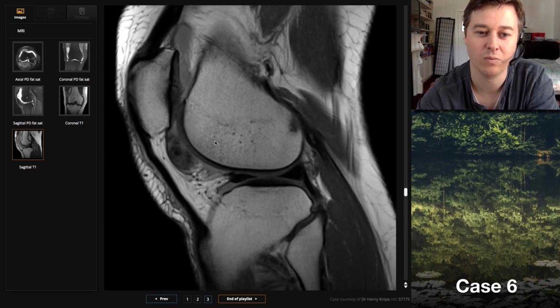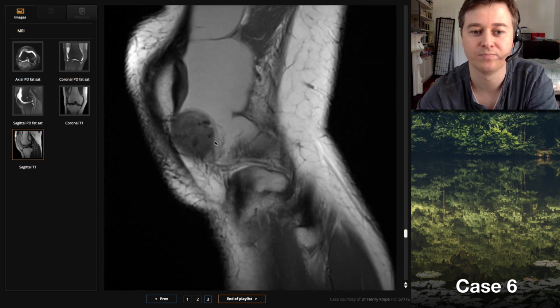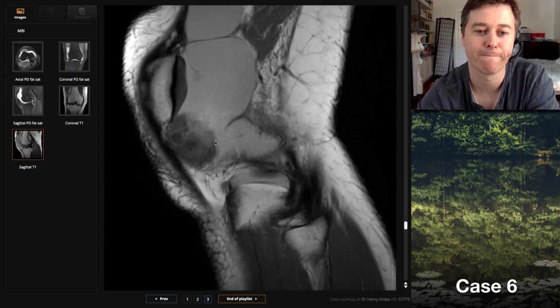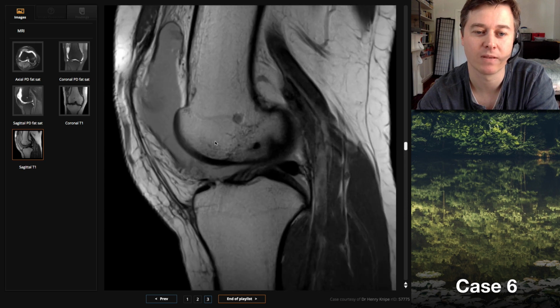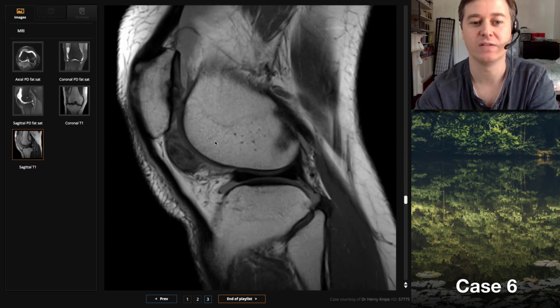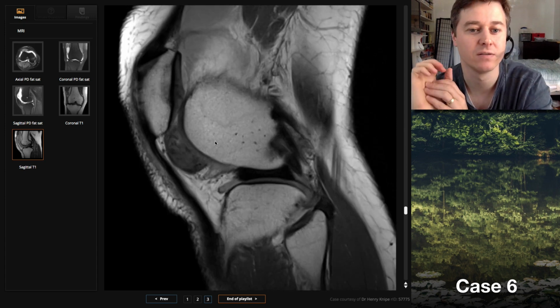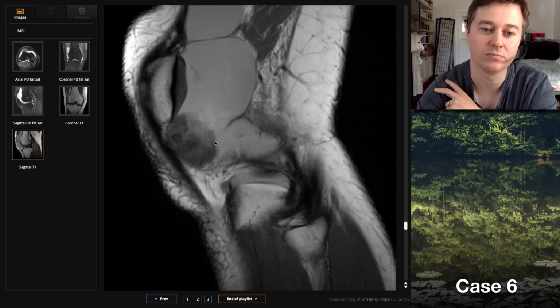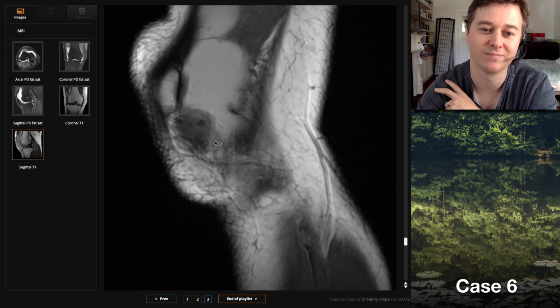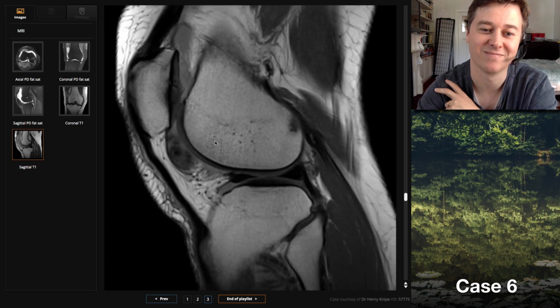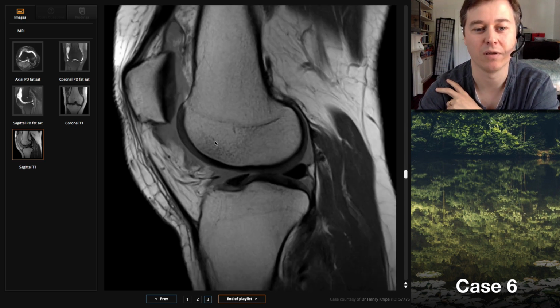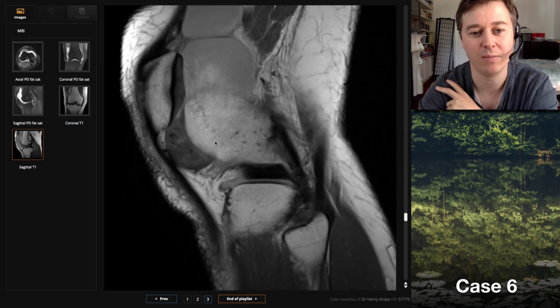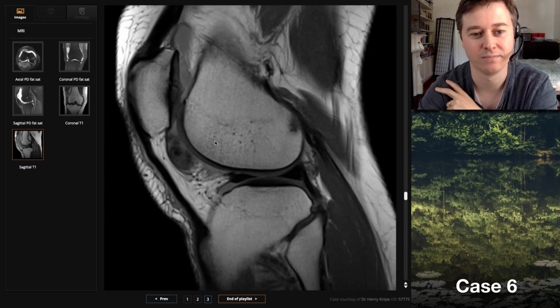And what does that actually represent? What is the pathology for PVNS? Is it an actual neoplasm or not?